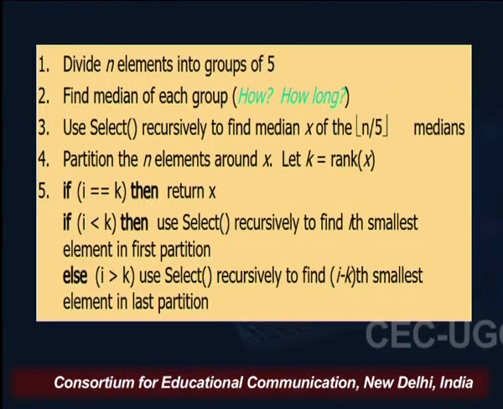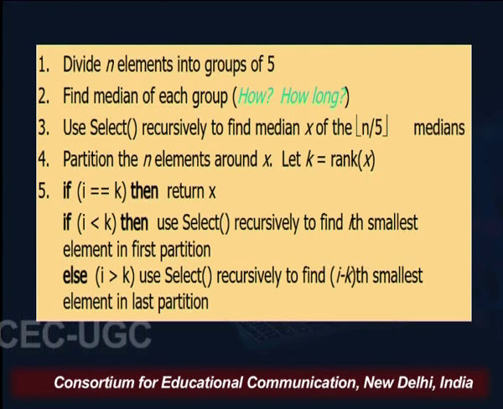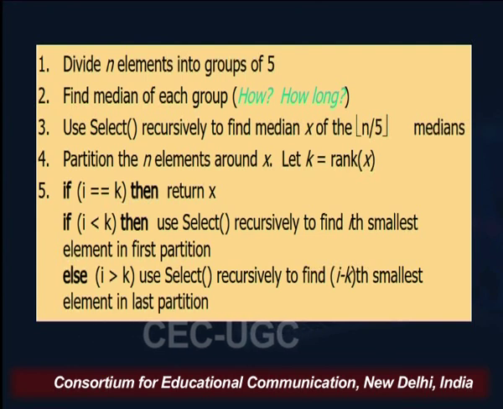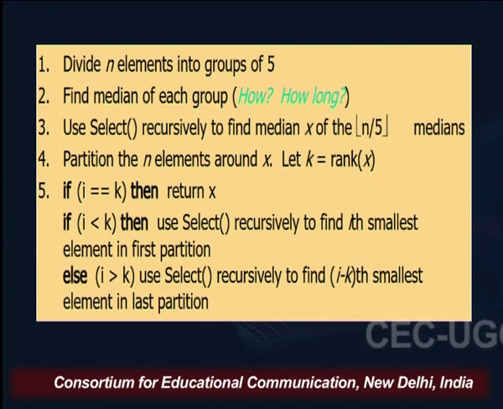We use select recursively to find the median x of those n by 5 medians, and partition the n elements around x. We assume that k is equal to the rank of x. If the i we are looking for is equal to k, then we return x.